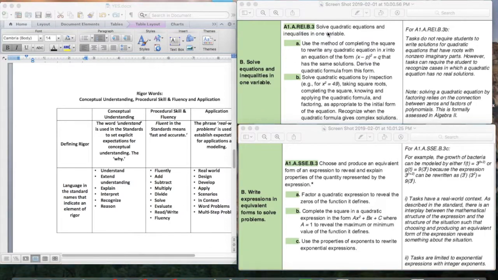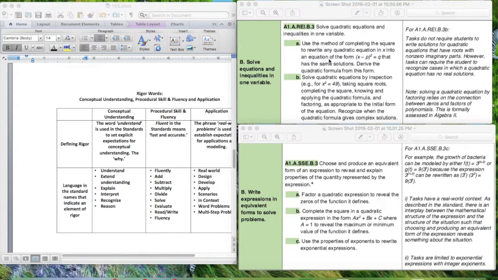So we have REI B3A, this piece right here. We see the word solve, which lets us know that we could potentially see a lot of procedural skill and fluency, but also using the method of completing the square to rewrite it in this form. That could be procedural as well as a piece of conceptual there.